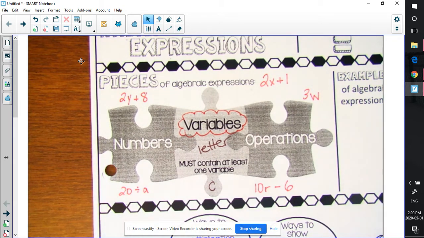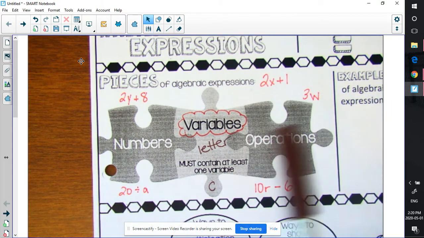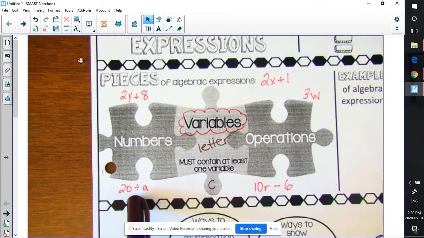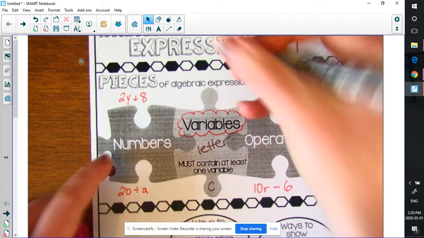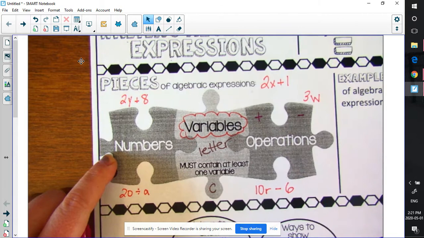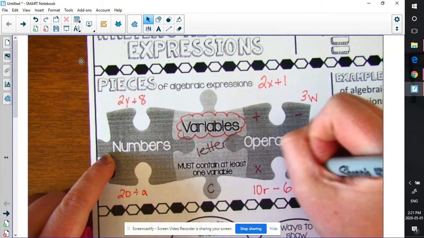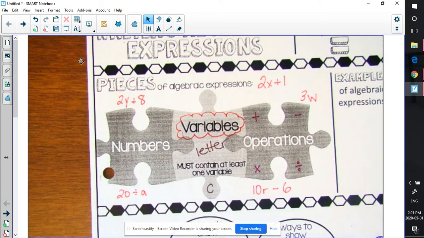The third piece of an expression is operations. So an expression must always have at least one operation. So this one here has division. Remember, our operations are addition, subtraction, multiplication, and division. So an expression must have at least one of those. This one, 3w, has a hidden operation, and that hidden operation is multiplication.